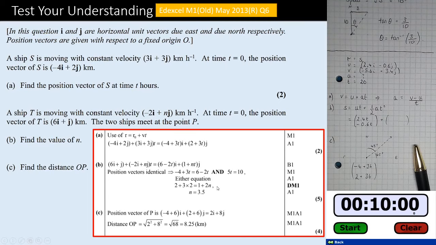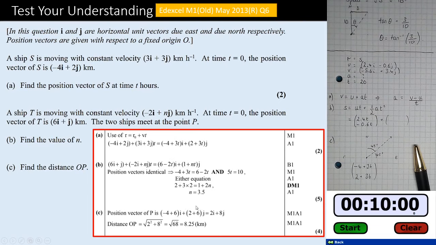We use our value of t, which from part B will have been equal to 2 from here. Just as a reminder, they get this from making the i components of the two position vectors equal to one another.